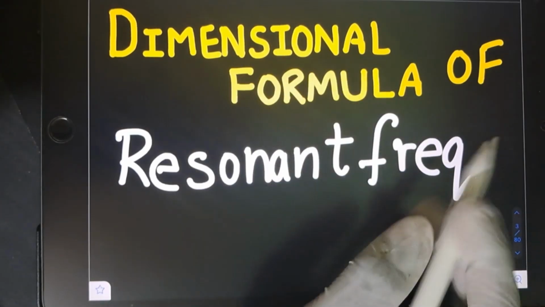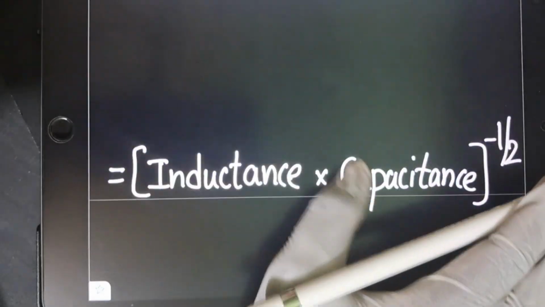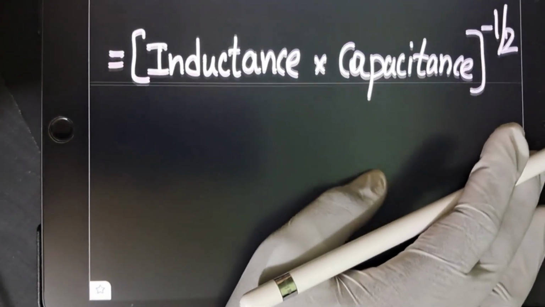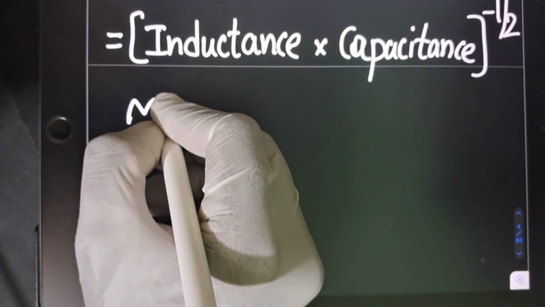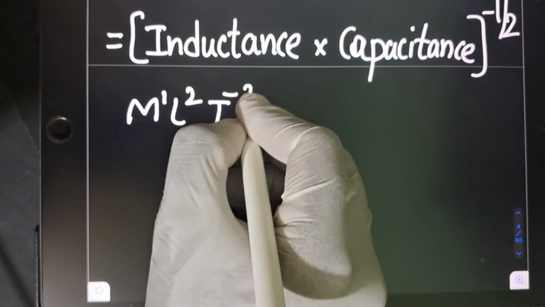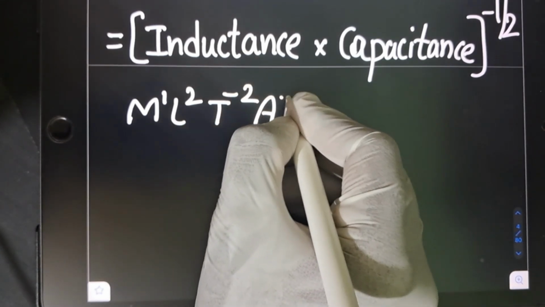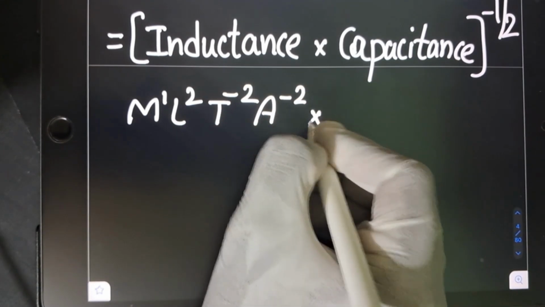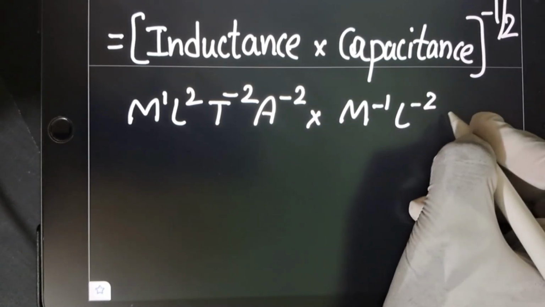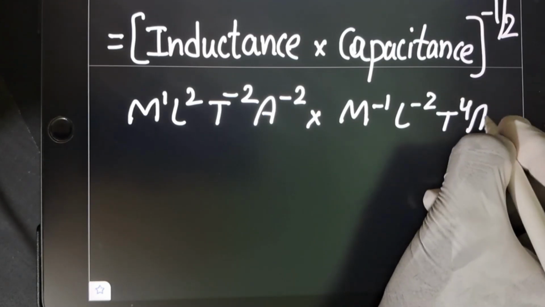To find the dimensional formula of resonant frequency, the formula is inductance into capacitance whole power minus 1 by 2. Inductance formula is M power 1, L power 2, T power minus 2, A power minus 2, into capacitance M power minus 1, L power minus 2, T power 4, A power 2.